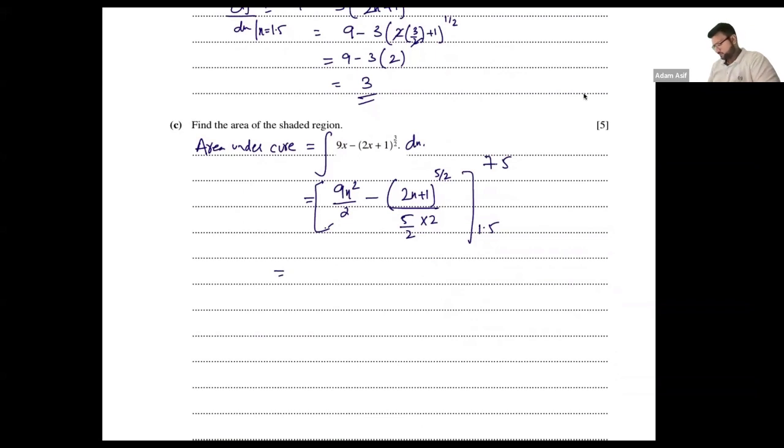Plug in the upper limit and the lower limit, and you're going to get the result. Right now I'm just going to use the calculator to solve it.